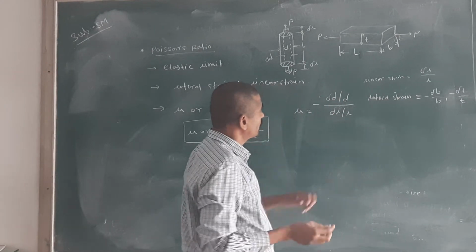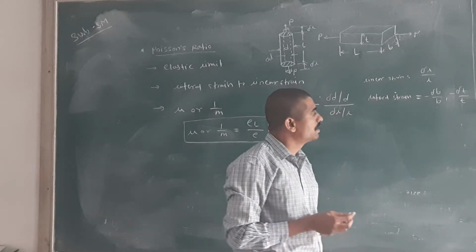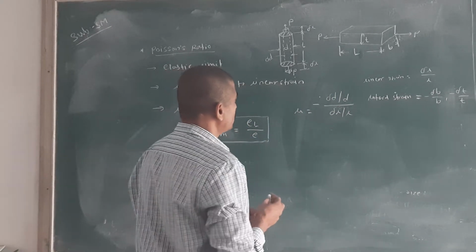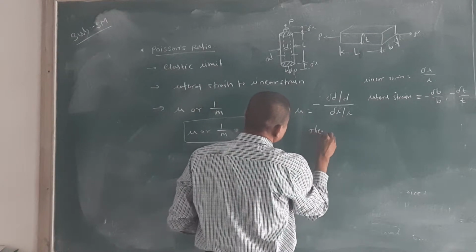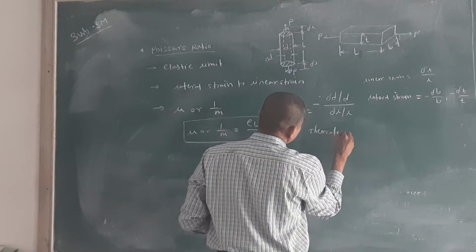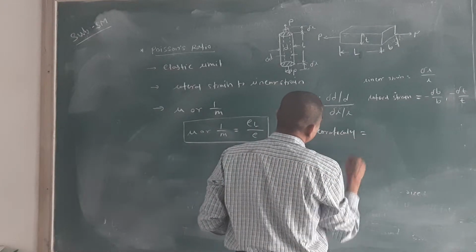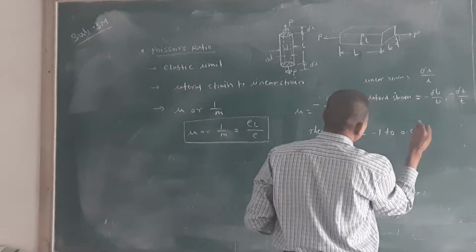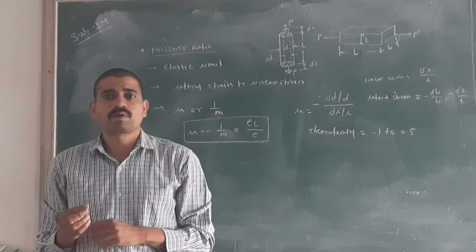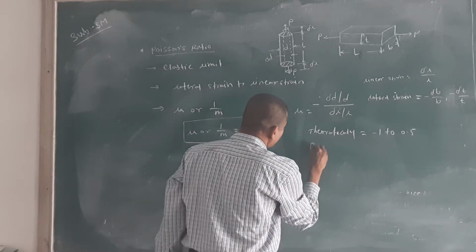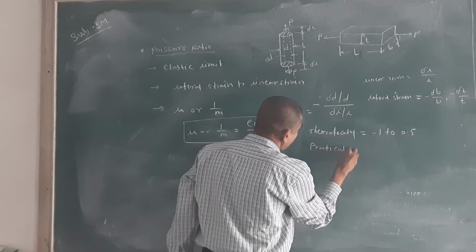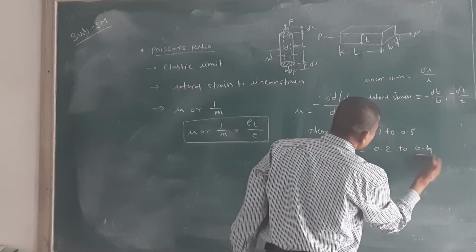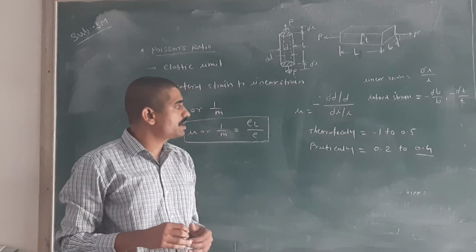Why minus? Because here you will get compression. Theoretically, the value of the Poisson's ratio ranges from minus 1 to 0.5. Practically, this value lies between 0.2 and 0.4.